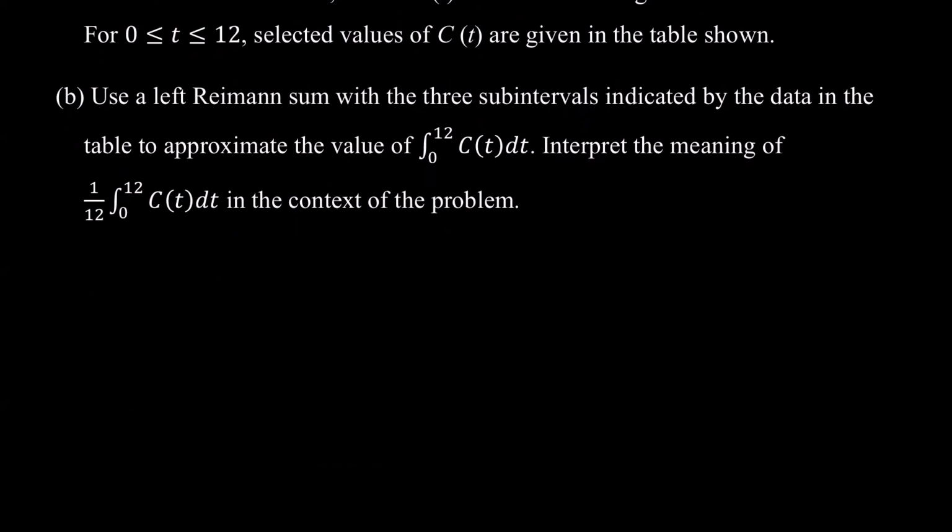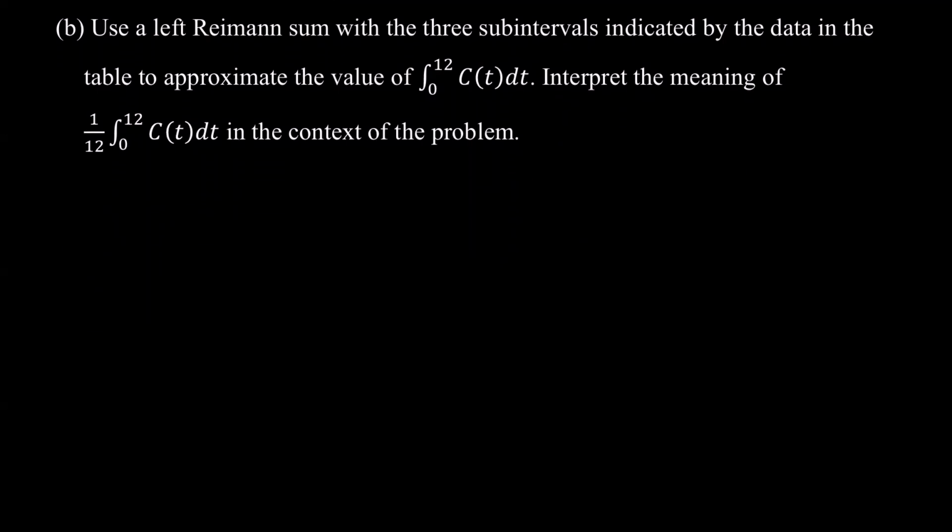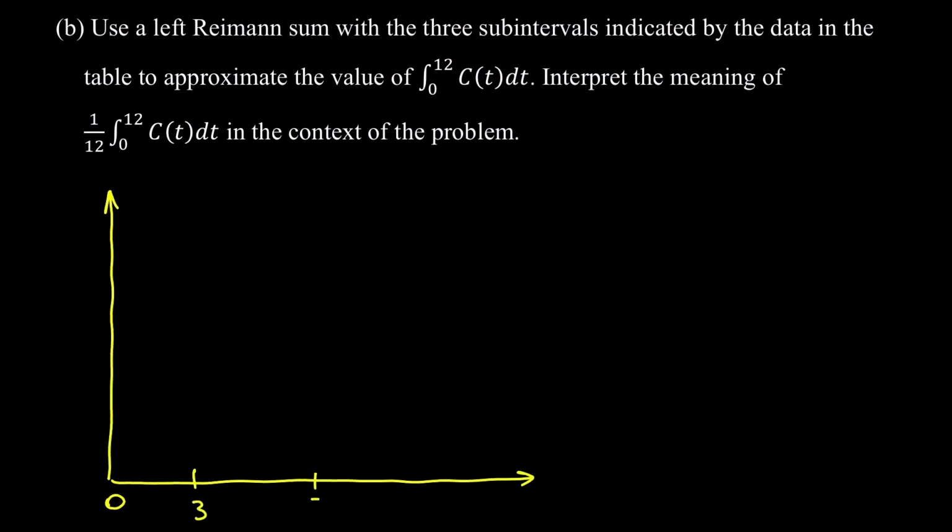Let's see what the left Riemann sum is, and for that, let's draw the picture. We have points 0, 3 minutes, 7 minutes, and 12 minutes.